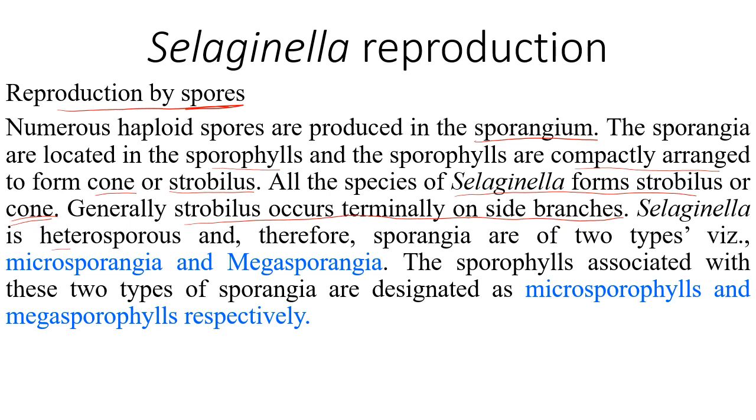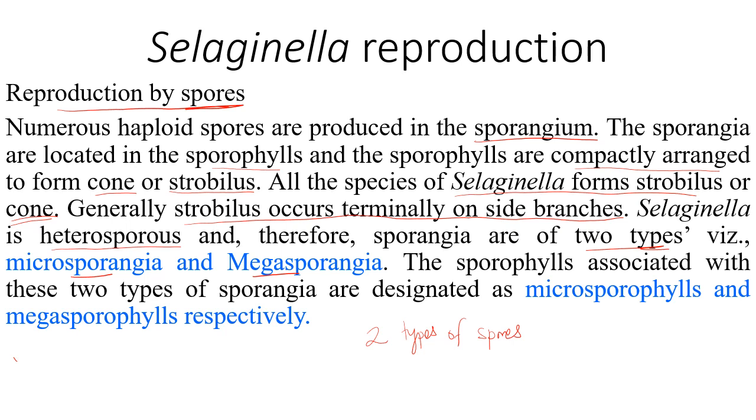Selaginella is heterosporous because it produces two different types of spores, and therefore sporangia are of two types, that is microsporangia and megasporangia, that you can see.